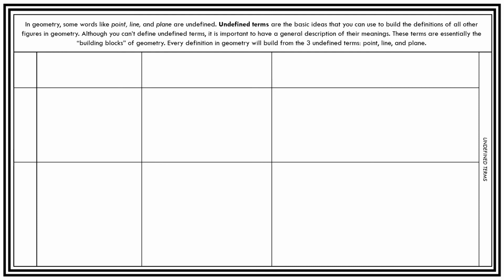Although you can't define undefined terms, it is important to have a general description of their meaning. So we can't define them, but we can kind of describe what they do. You know what I mean? So these terms are essentially the building blocks of geometry. Every definition in geometry will build from the three undefined terms: point, line, and plane.